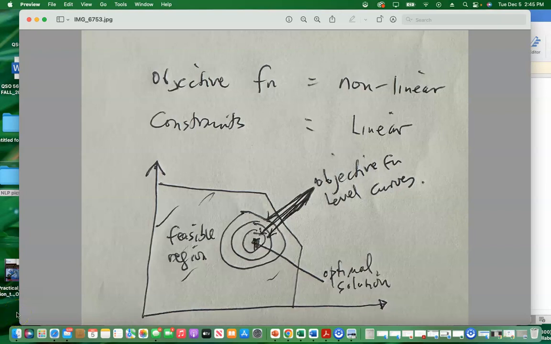However, that is different from non-linear programming, and therefore for non-linear programming we don't use the simplex method, but we normally use the generalized reduced gradient algorithm to find the optimal solution. So when we are solving a non-linear programming problem, we will not use the simplex method, but we'll use the GRG algorithm.